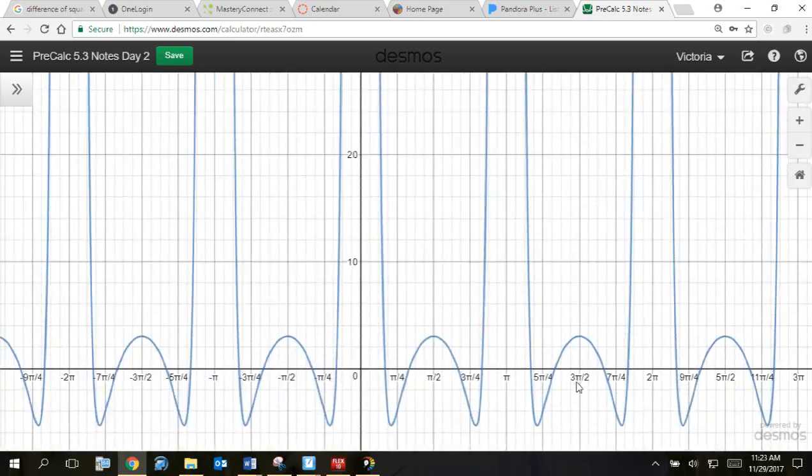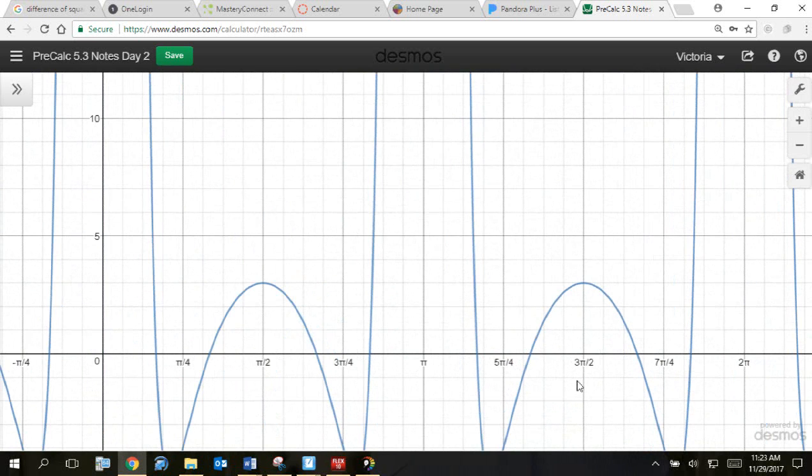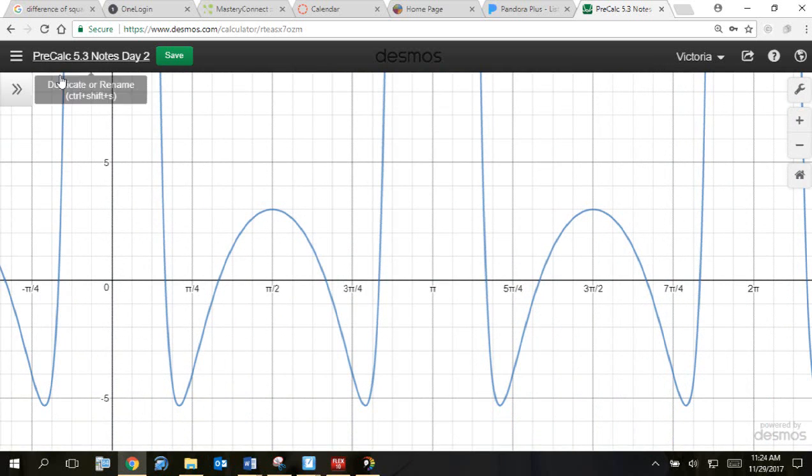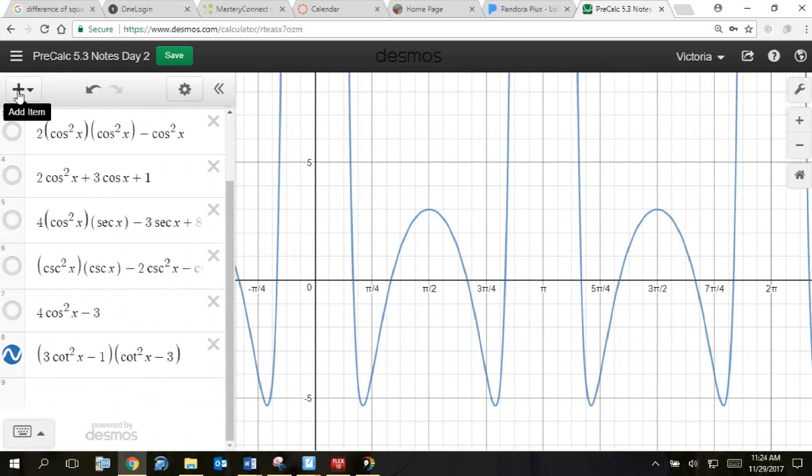No? You're good? There's some fun ones that we'll see today. No, there would be asymptotes, yeah. Because it's a cotangent. Cotangents have asymptotes. Yep.